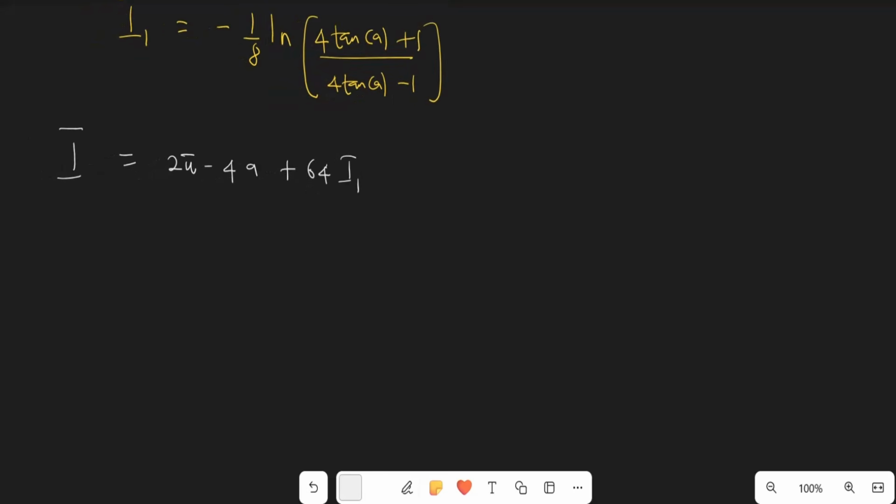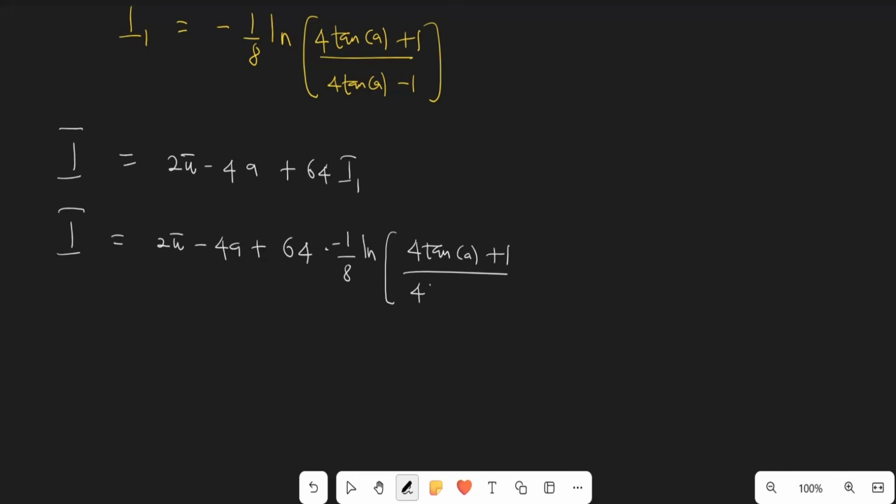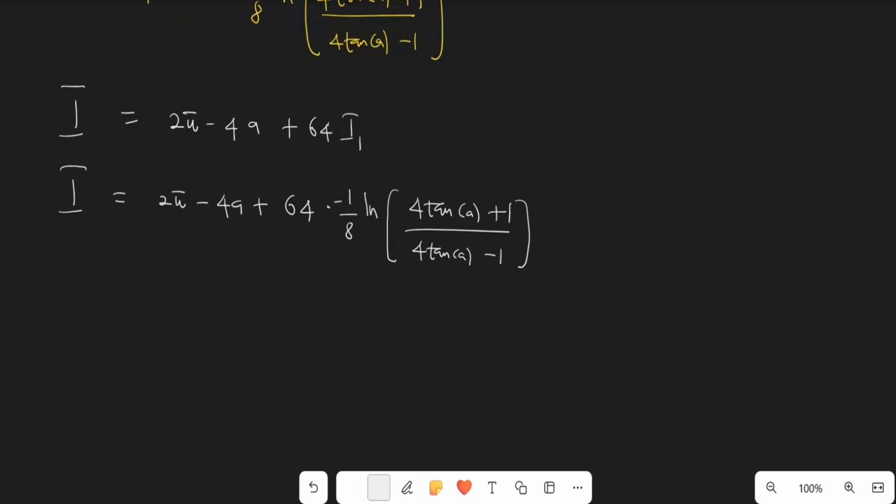This is what we want. So I is equal to 2 pi minus 4a, added to 64 multiplied by I1, and I1 is negative 1 over 8. I'm sorry about that. And then we have the ln of 4 times the tangent of a plus 1 all over 4 times the tangent of a minus 1.